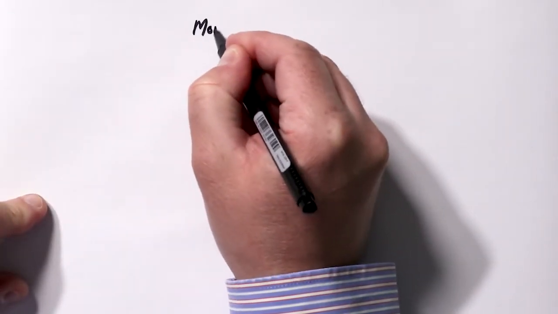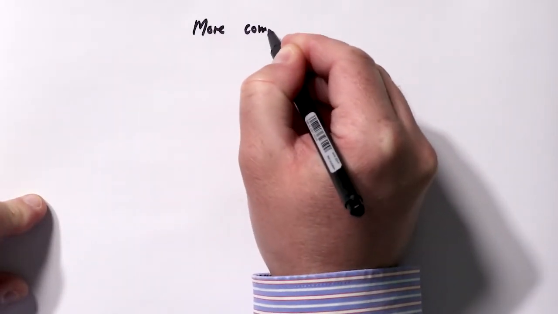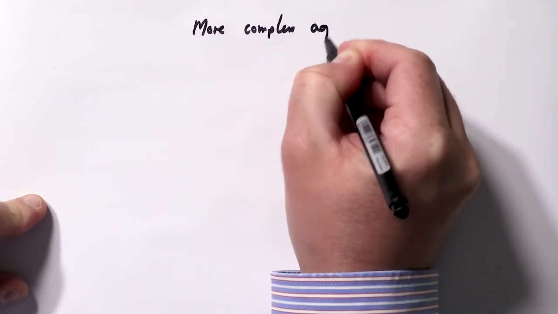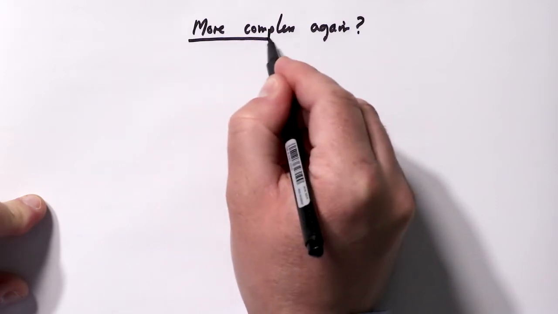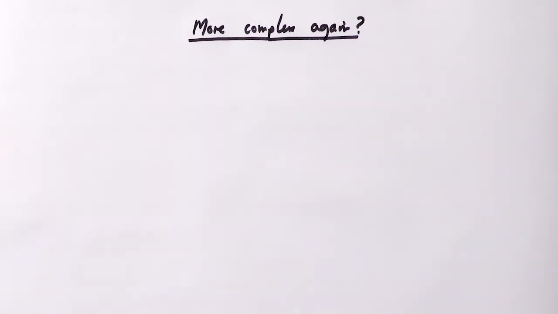So, can we go more complex again? Well, yes, we can. We just need to stick to the same two rules. And I'm going to write these rules out each time because this is the thing you really need to remember.